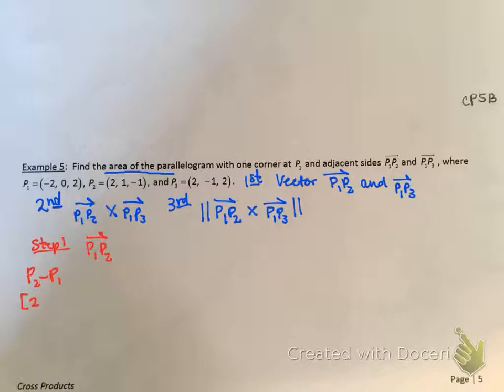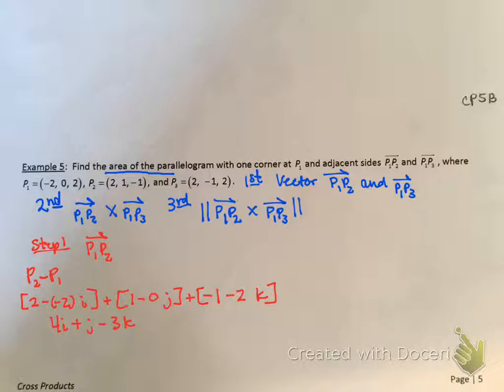I have 2 minus negative 2, and that'll give me the I component, plus, looking at the J components, 1 minus 0, J, plus, now I'm looking at the K components, negative 1 minus 2, K. When I do that, I get 2 plus 2, that's 4i, plus j, minus 3k. So that's P1, P2.